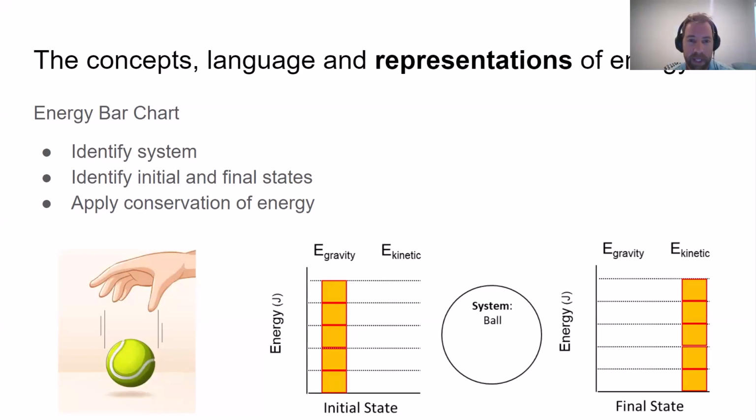In terms of teaching the basics of energy, bar charts have an advantage. They're really, really simple. They force kids to think about an initial and a final point without thinking about what happens in between. That's the thing with energy. We don't really care what happens in between the initial and the final state. And they're easy for kids to draw, even freehand.